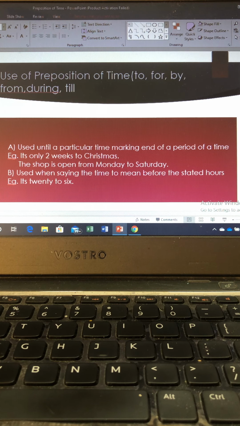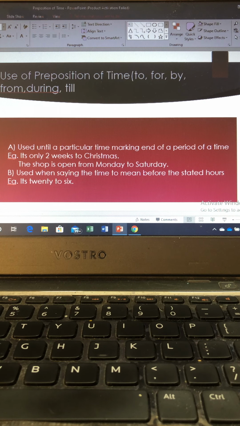It is not open on Sunday. We are not talking about Sunday. The duration which is given to us is Monday to Saturday. That means 6 days. The shop is open for 6 days, right? So instead of saying the shop is open for 6 days, we are actually referring to a period of time from Monday to Saturday. So this is how we use to.